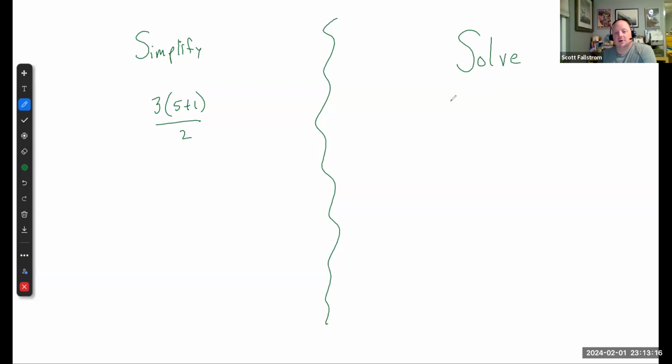Like 3x plus 1 equals 16. I could ask you to solve this equation. Now, without anything else, it may be challenging to say, what am I solving it for? In this case, there's only one variable, so the implication is you would solve for x. That means get x by itself.